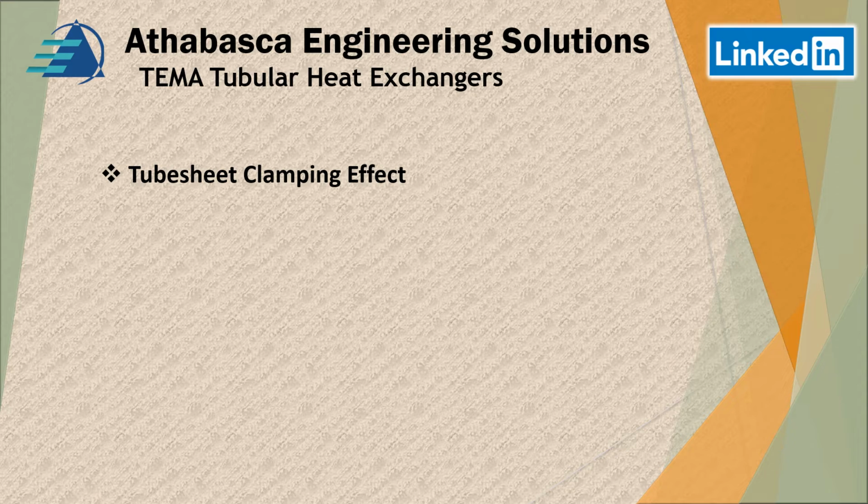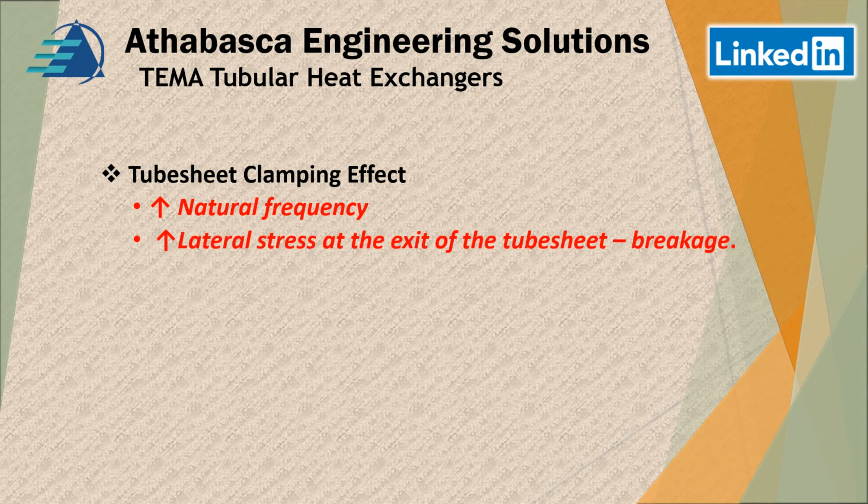Some of the benefits are, for example, if you need to increase the natural frequency of the assembly and avoid a potential natural frequency problem with resonance at the flows that are coming in, then you may choose to clamp it down. So there's the benefit right there. It's a strategy. The only problem is when you start to clamp things down, you get more lateral stress, especially at the exit of the tubesheet, and you can get potential breakage.